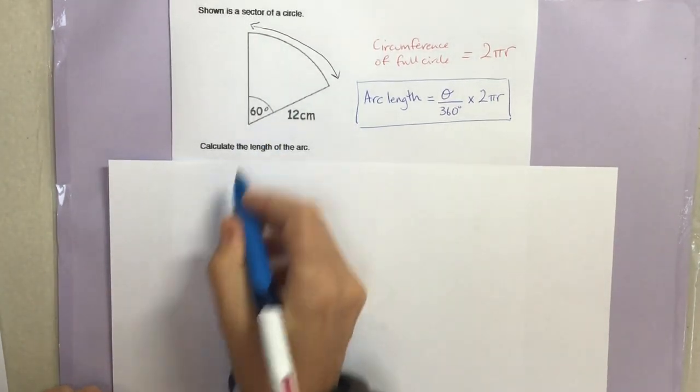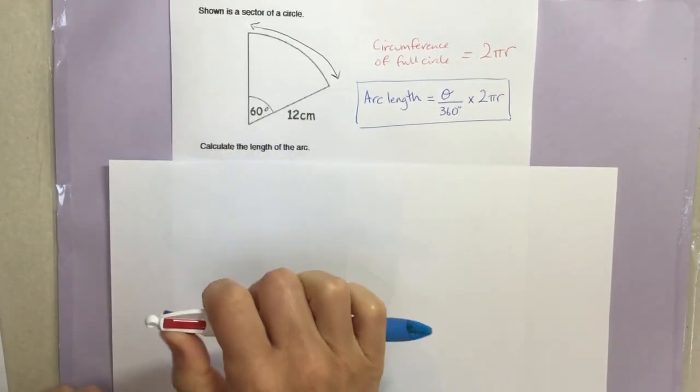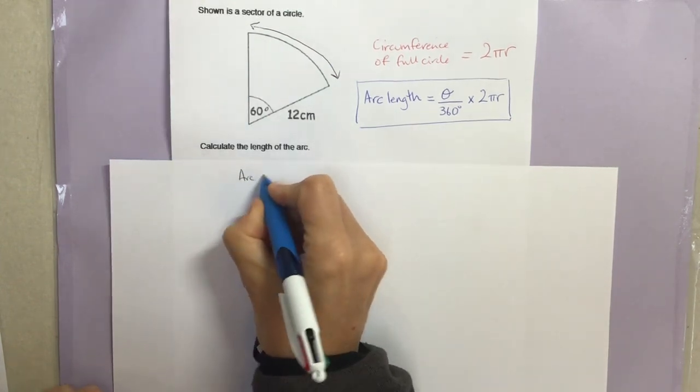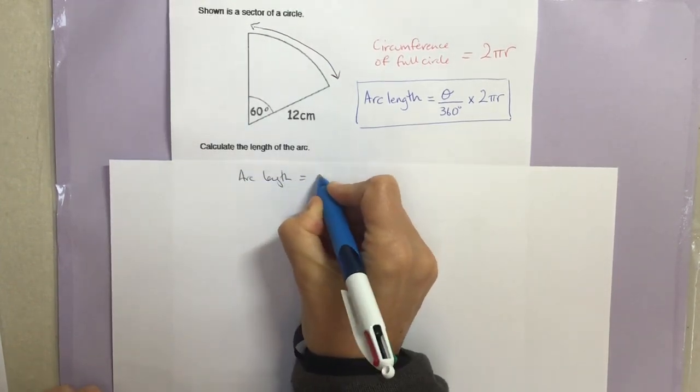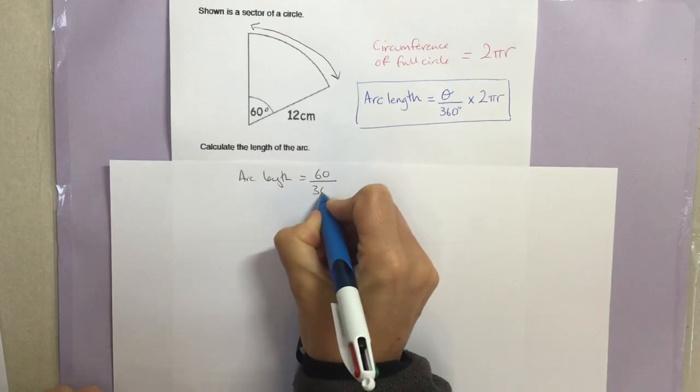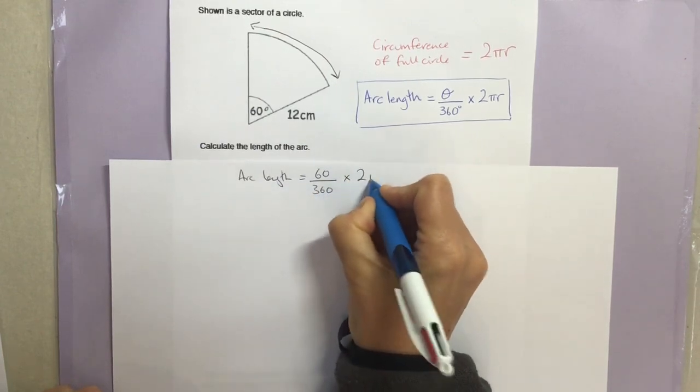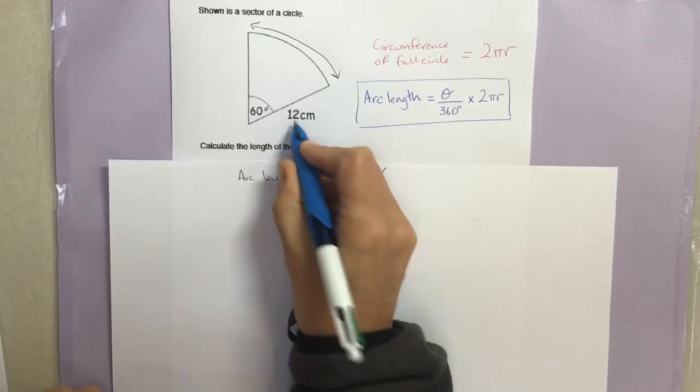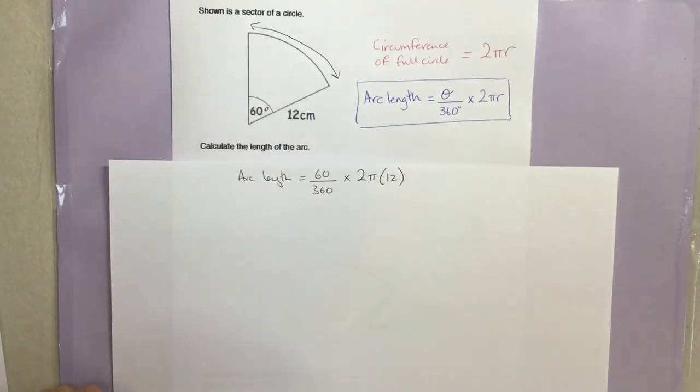Okay, so in this question, my arc length is 60 over 360 times 2 times pi, and this time the radius is 12.